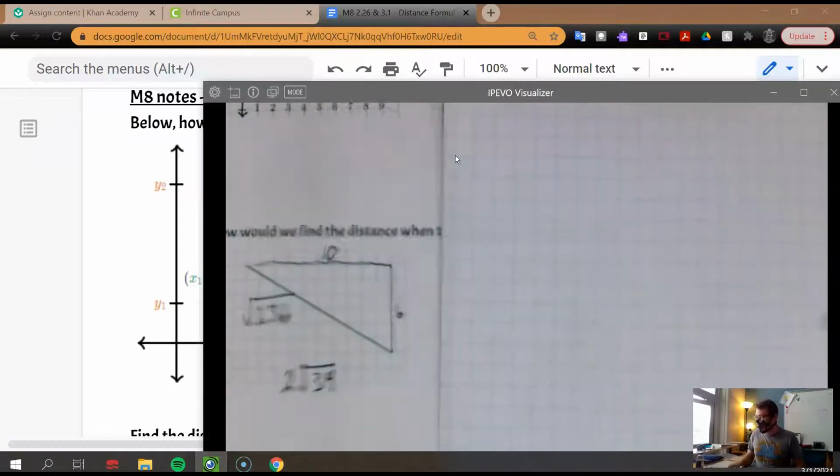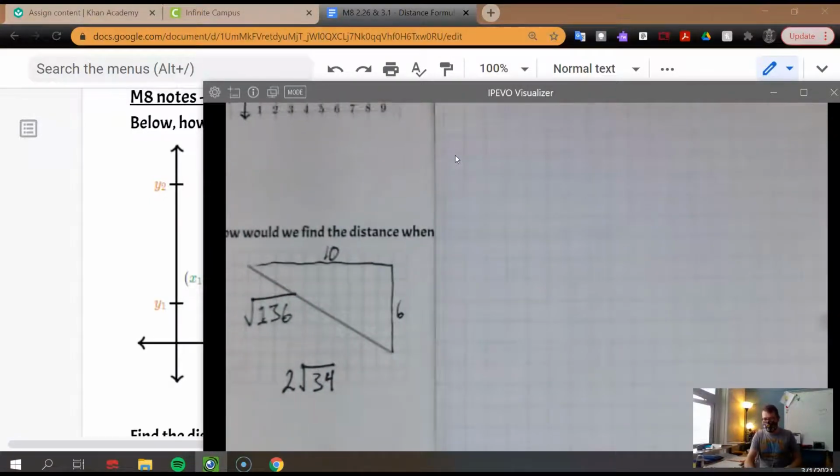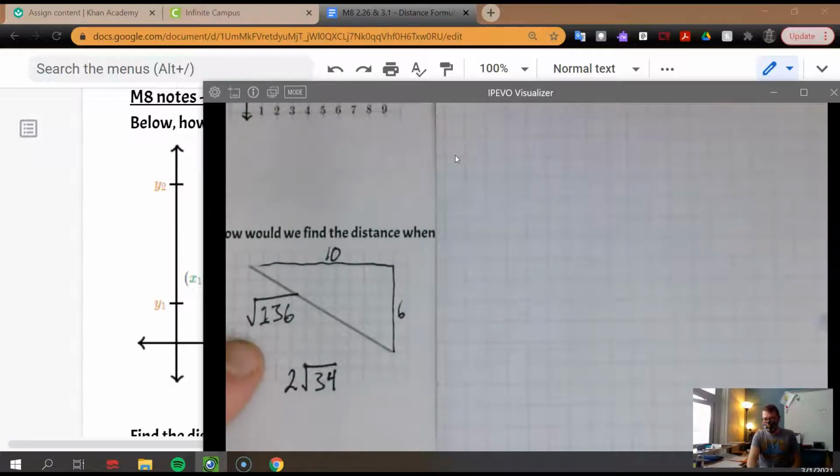All right, here's why your calculator might spit out 2 radical 34 when you think it's radical 136, and that's because they are the same answers. What do we mean by that? Well, math is all about what can I do based off what is still true? And when we test out if this is still true and doesn't ever become not true, we know we can do it.